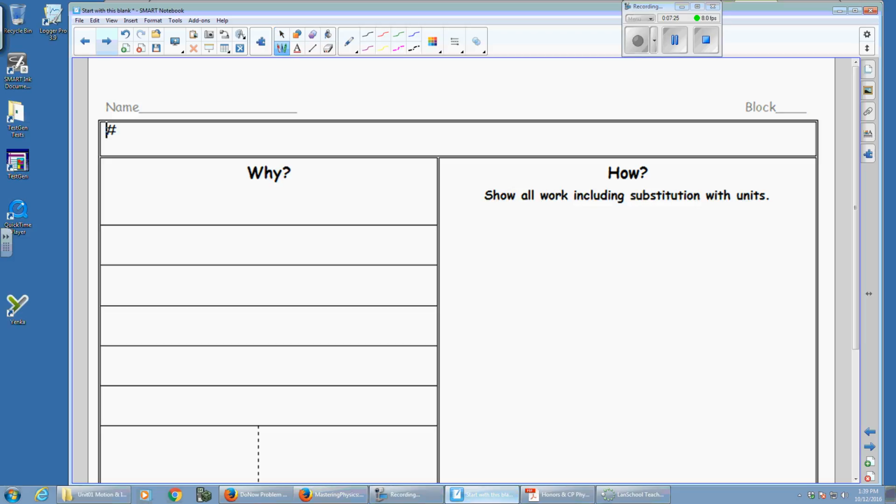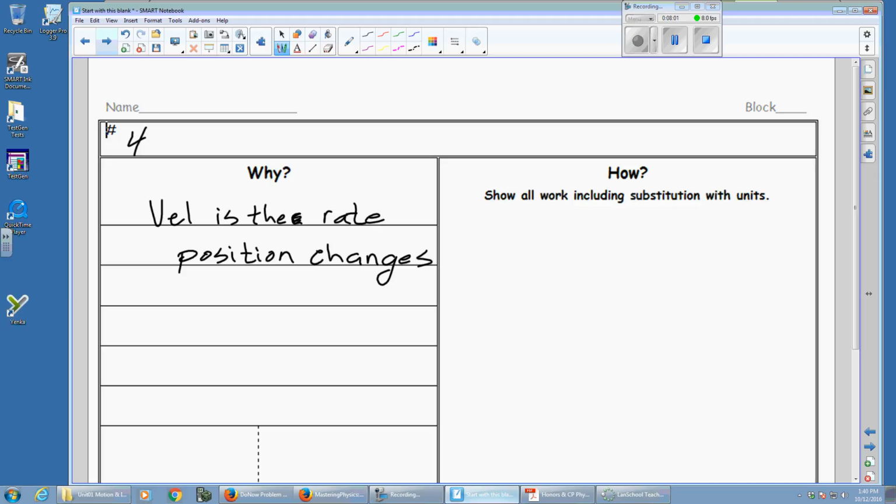So number 4 here. And I'm going to start off by showing that I know that velocity is the rate position changes. The velocity is the rate position changes. That's just kind of the definition of it. How's the rate of change connected to a graph?